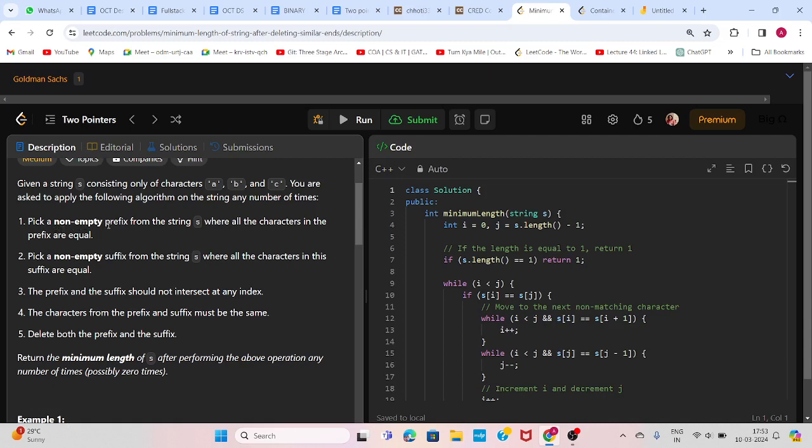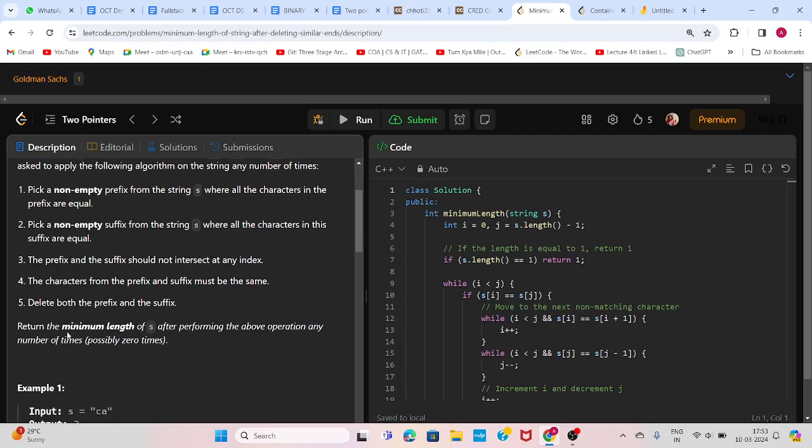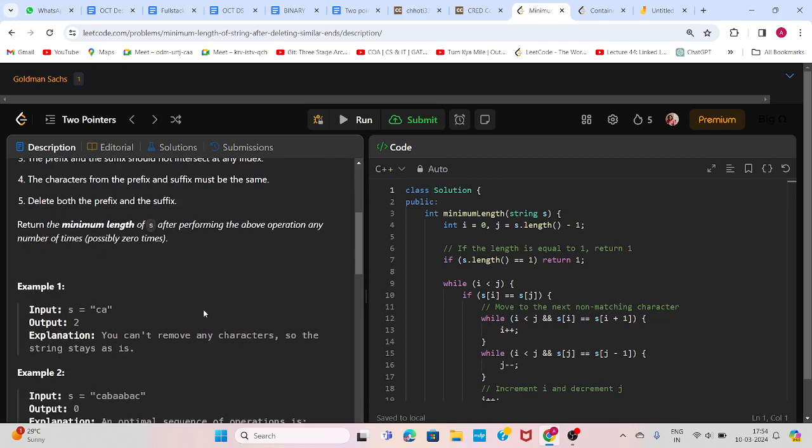You can pick any prefix from the string where all characters in the prefix are equal, or else you can pick a suffix where all the characters in the suffix are equal. The prefix and suffix should not intersect at any index. The character from the prefix and suffix must be the same. Delete both the prefix and suffix. We have to return the minimum length after performing the above operation.